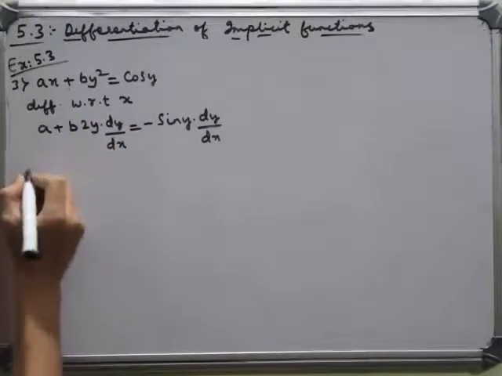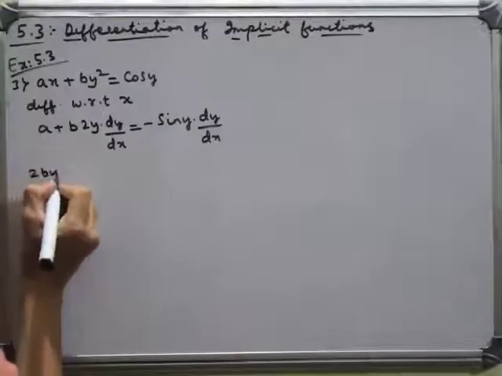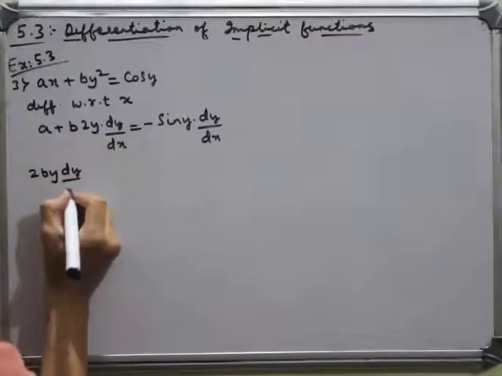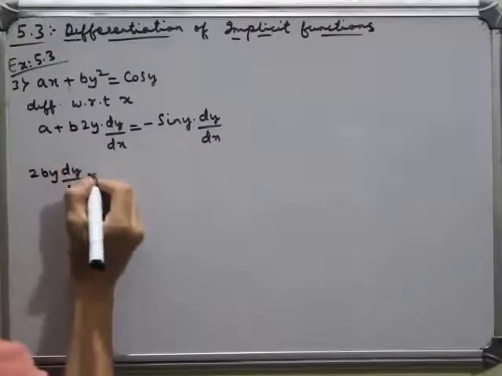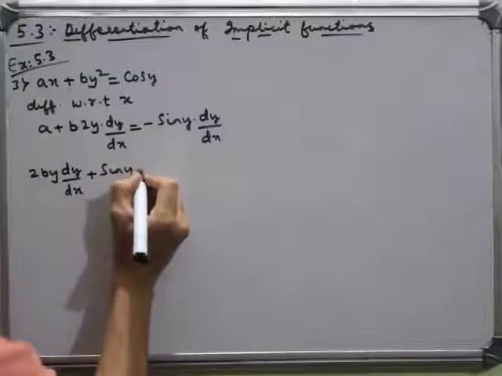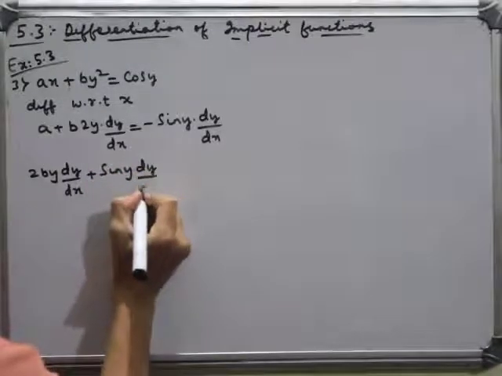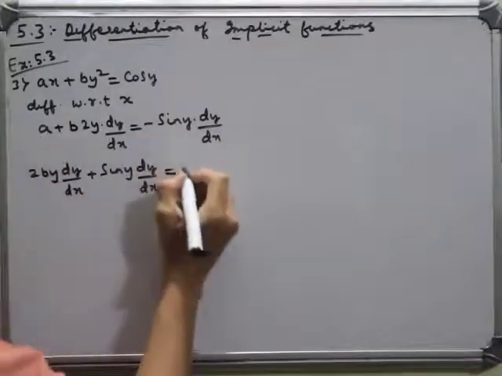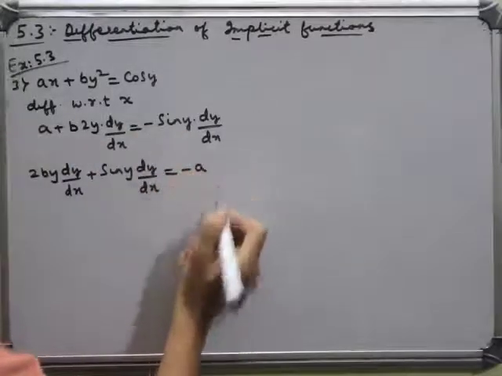So I'll write it as 2by into dy by dx, and this one I'll write here plus sin y into dy by dx is equal to, I will send this a to RHS, this will become minus a.